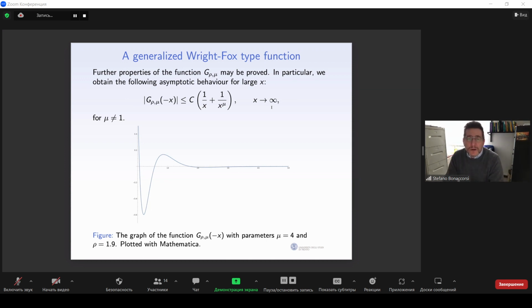And this order is 1 over x plus 1 over x to the power mu. Remember that mu is the scale parameter in the gamma random variable alpha. So we just plot an example here to see the difference.